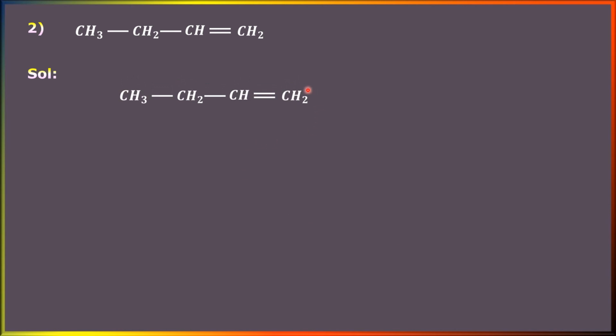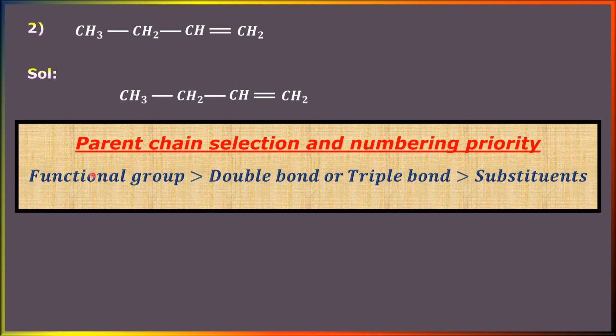Next, problem number 2, solution. In this compound one double bond is there. So this is the priority for selection of parent chain and numbering the chain. Functional group has the highest precedence over double or triple bond, and in turn it has the highest precedence over substituents.